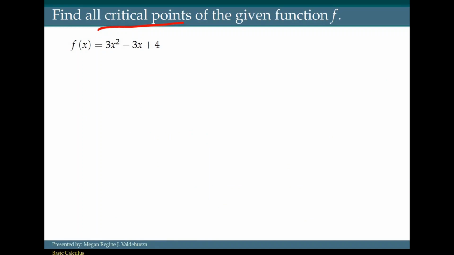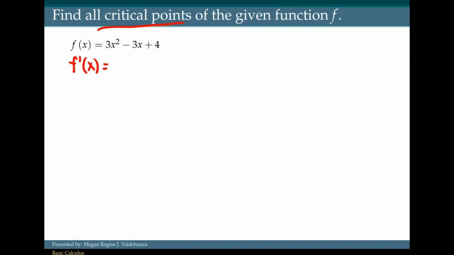So the notation for derivative, we have f prime of x is equal to, using the rules of differentiation, we will get the derivative of 3x squared, derivative of negative 3x, and the derivative of 4, or the derivative of a constant. So what is the derivative of 3x squared?